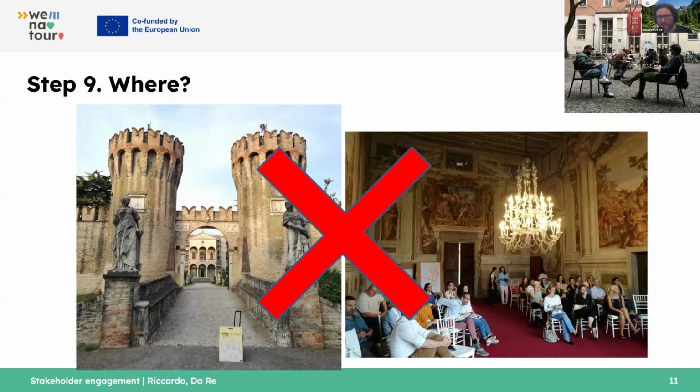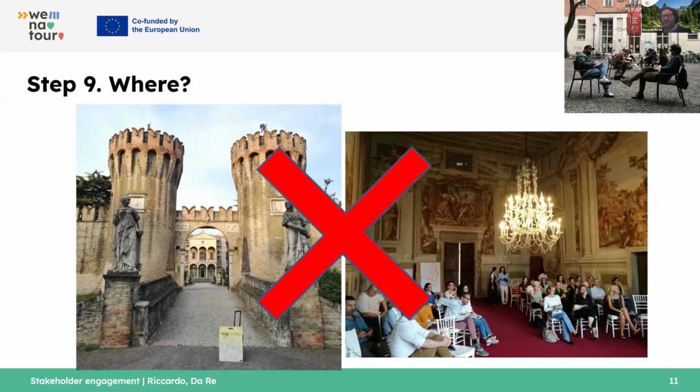But normally for me there is an inverse correlation between the beauty of a venue and its functionality. This is an example of some stakeholder engagement processes we did in a castle or in a villa. Absolutely a nightmare for a facilitator.